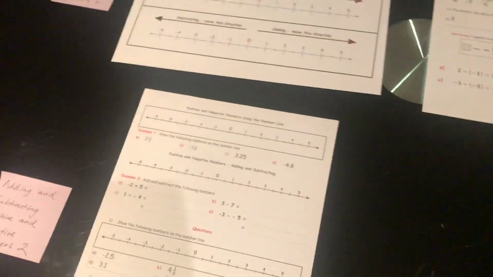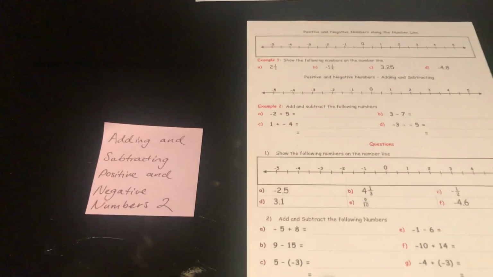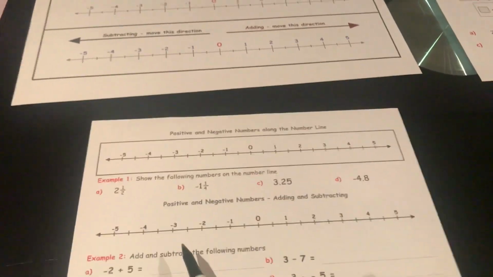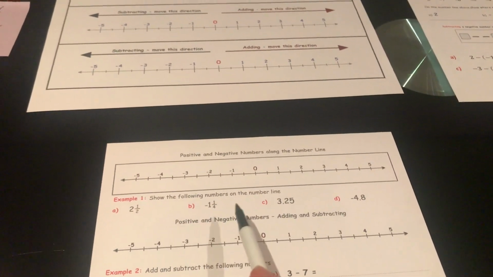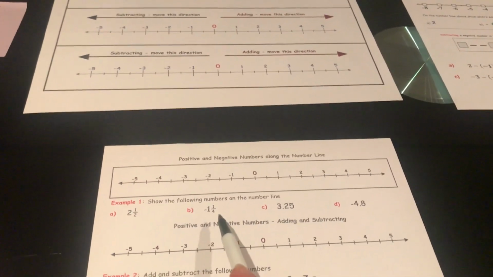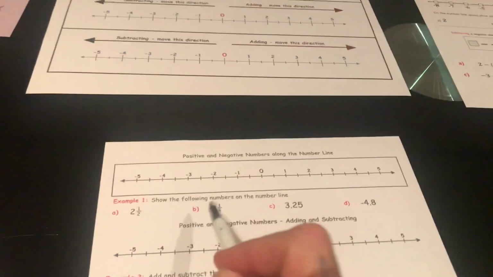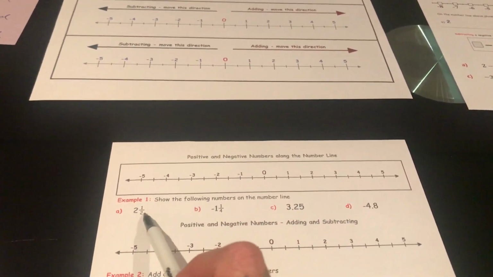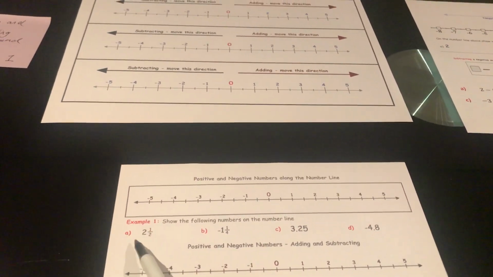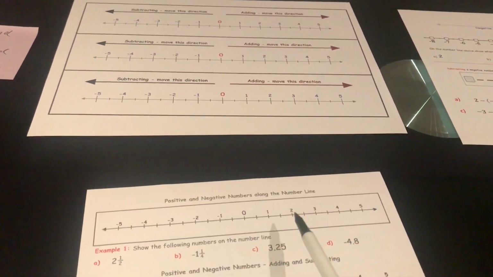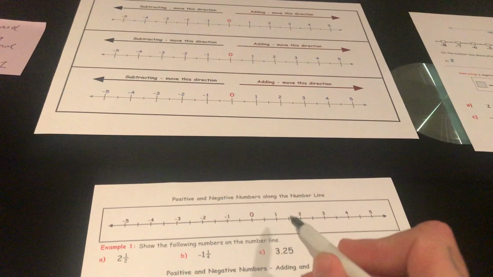Okay, the next one here is adding and subtracting positive and negative numbers 2. So the first thing you have to do is show these on the number line. Okay, so this is something you guys get wrong a lot. Not you guys, but just high school kids. Okay, so 2.5. You should know 2.5.